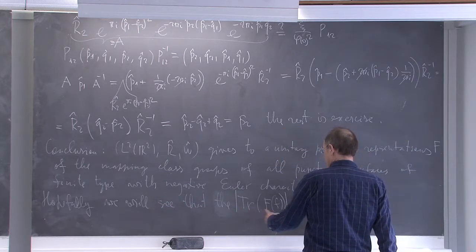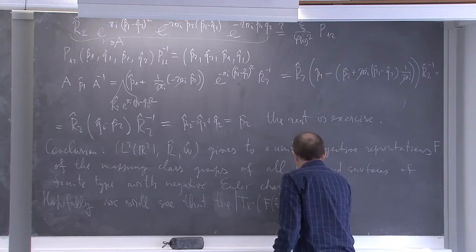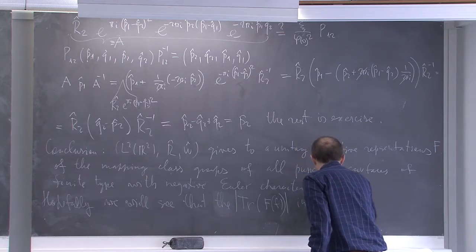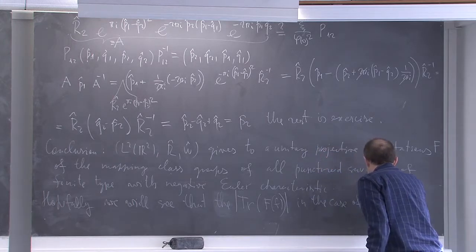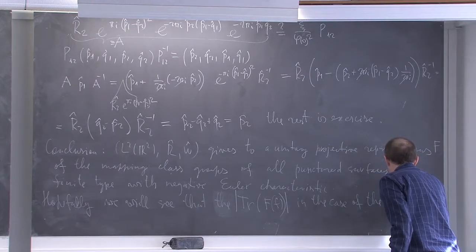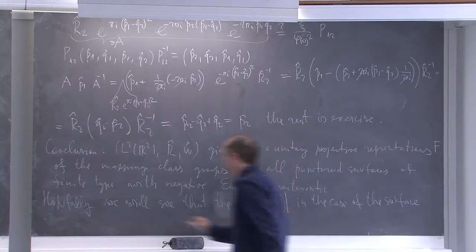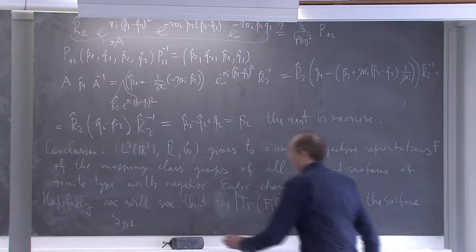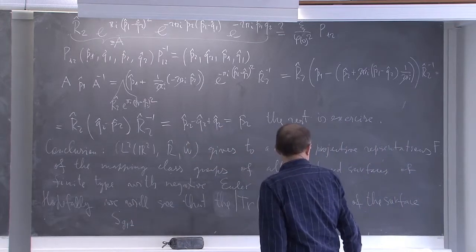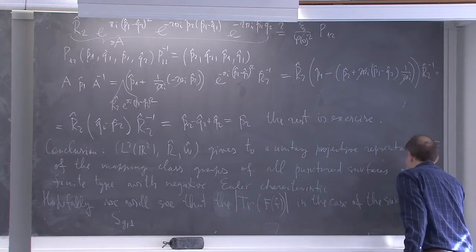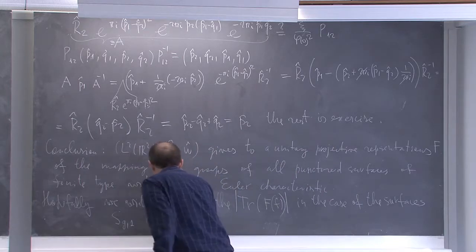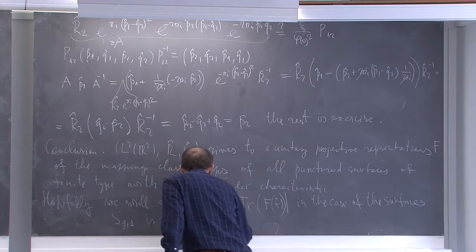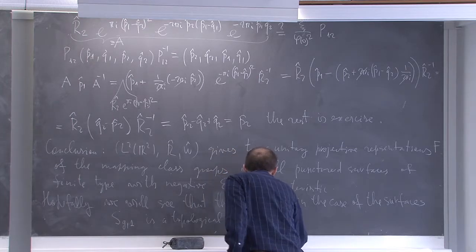Hopefully we will see that the trace of that operator, absolute value, in the case of the surface S as G1, only one puncture, in the case of once punctured surfaces, is a topological invariant of the mapping torus.